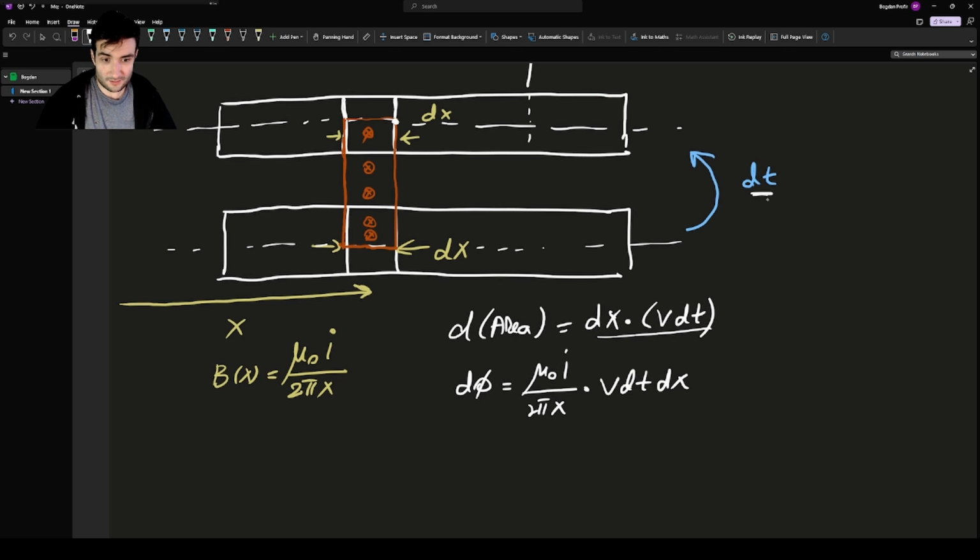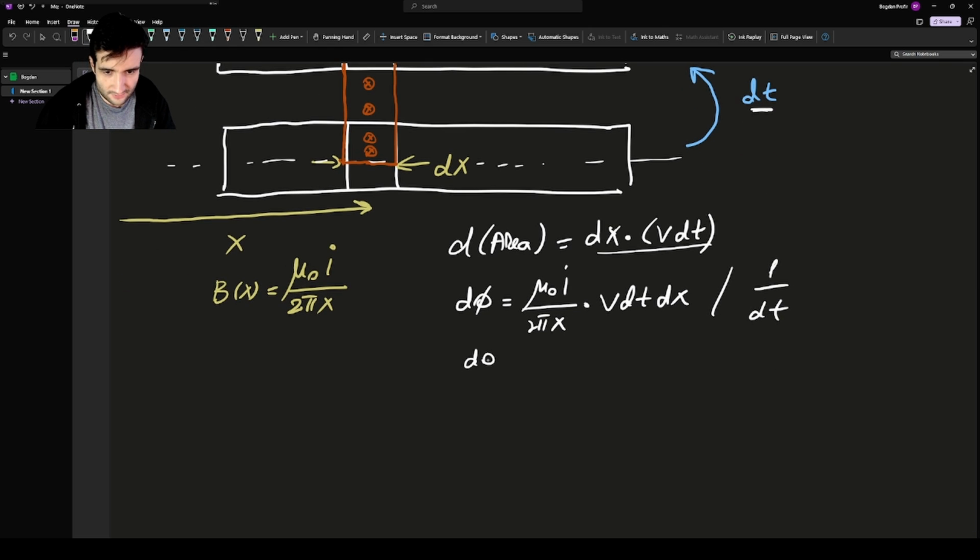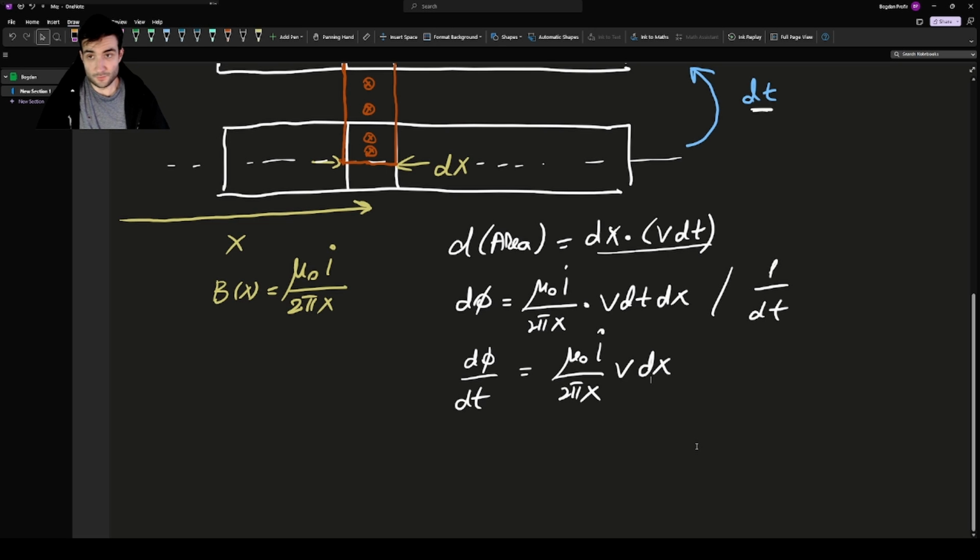So what we can use this for is if we divide it by dt, we'll get d phi by dt on this side. And this is mu 0 I over 2 pi x, and then this is just v dx. Now this quantity will stand for the absolute value of the EMF, but only for this particular element.